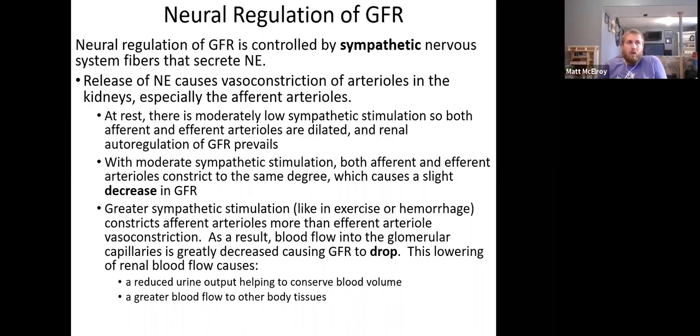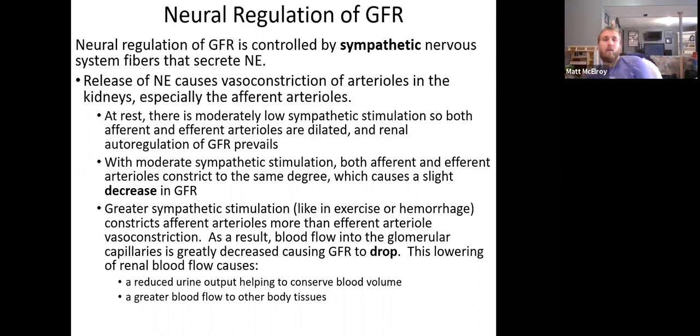In a fight or flight response, our body should not be concerned with two major things: digesting our food and making urine. There's obviously other things, but those are two simple ones. So if our sympathetic nervous system is active, we aren't going to be doing much for filtration.